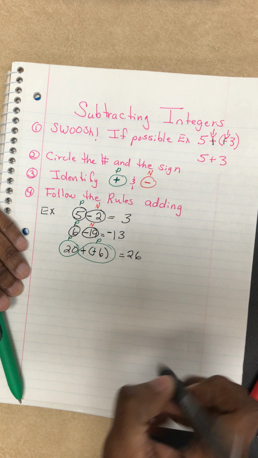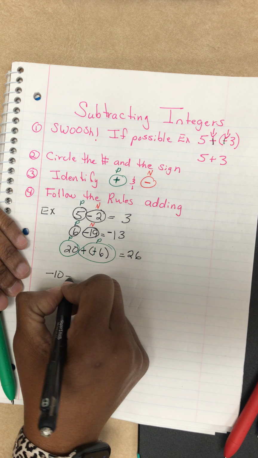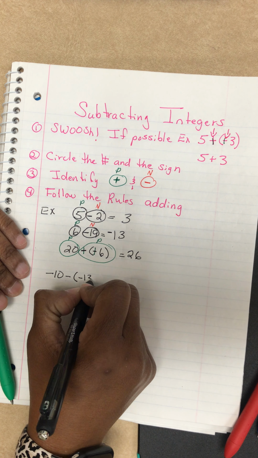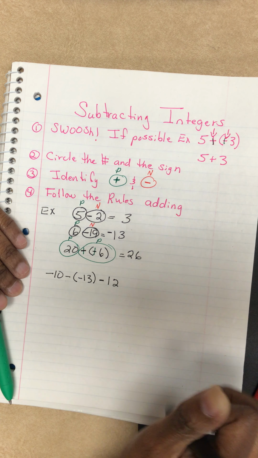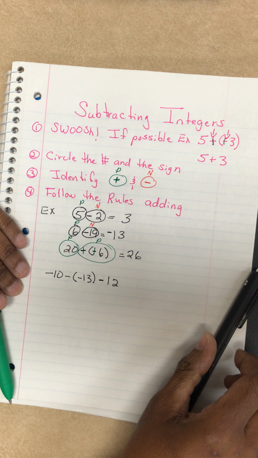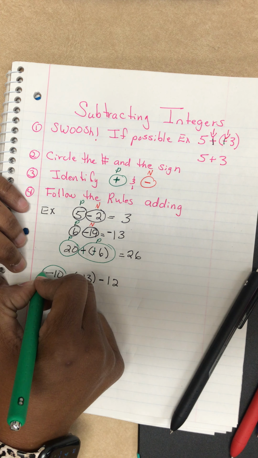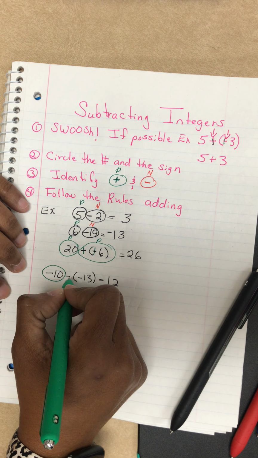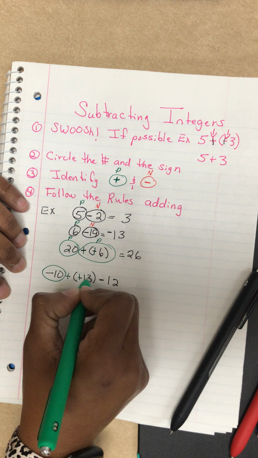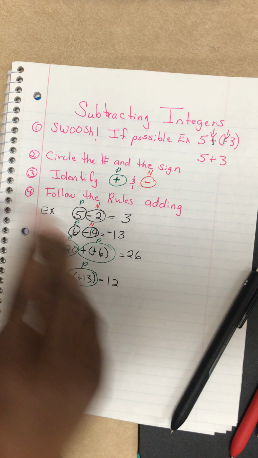Let's do one more example. Negative 10 minus negative 13 minus 12. So let's identify these. A negative. I'm going to swish these together. This now is a positive. This is a negative.